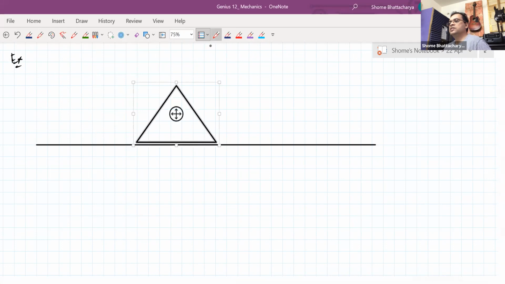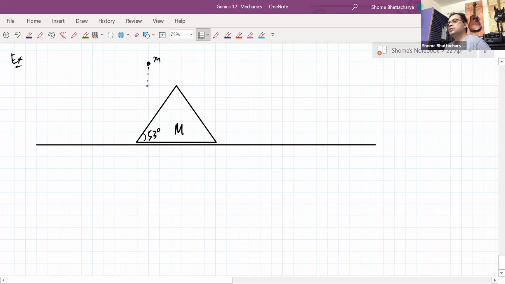Let's say this triangular wedge has this angle equal to 53 degrees and mass capital M. Now a particle of mass small m is dropped from a height h. Again, for convenience, I'll take h as 20 meters, a very convenient value.